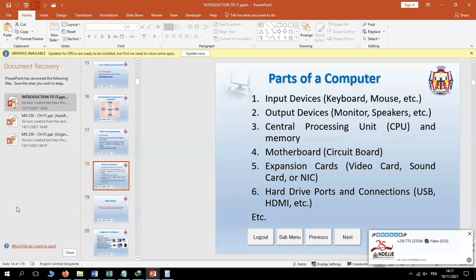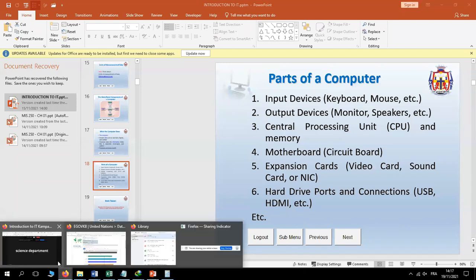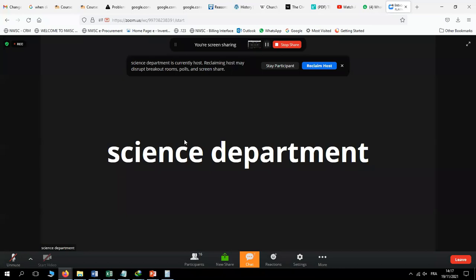For example, input, we can look at the different components that we use to enter data into the computer. Then the same thing applies for output, then storage, and so on. Now, looking at these components specifically, for example, if we were asked what the CPU is, in most cases, for the first time, people always think that the CPU refers to that box-like component.